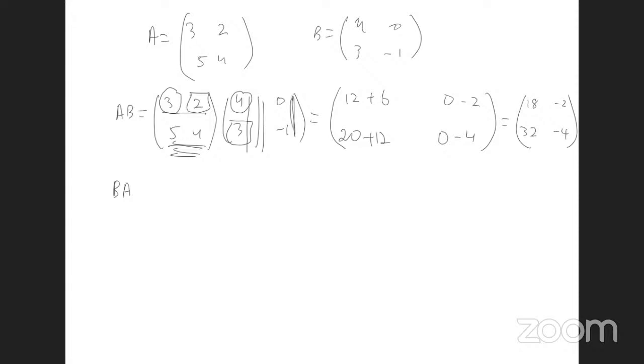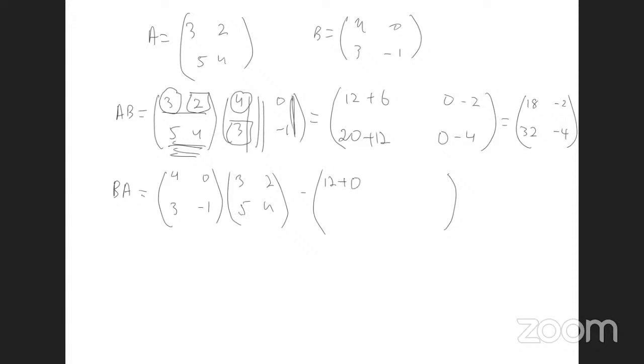I change color here. B by A is 4, 0, 3, minus 1, times 3, 2, 5, 4. Right? Can I get some help here? Malachi, help out here. 4 by 3, which is 12, and then 0 by 5. That's 0, right?